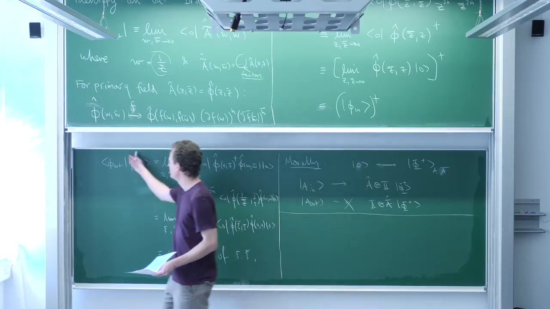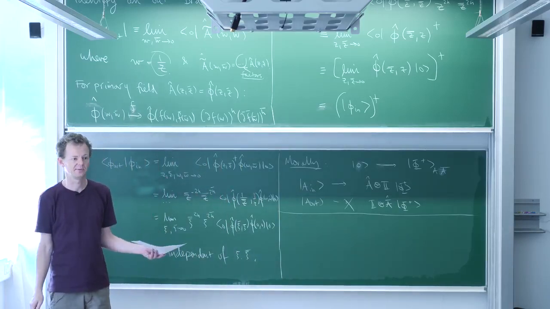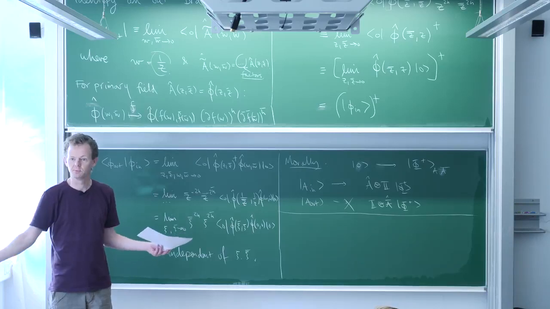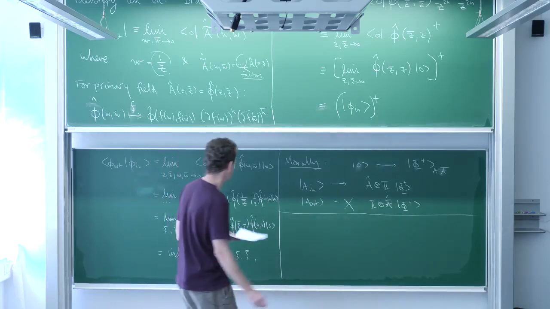Now once you've got these phis, you can start building more vectors, right? Once you've got a couple of vectors in a Hilbert space, you can get lots more by acting on them with your favorite operators. And that's how we're going to build our Hilbert space.